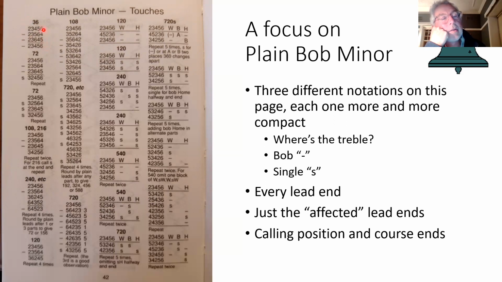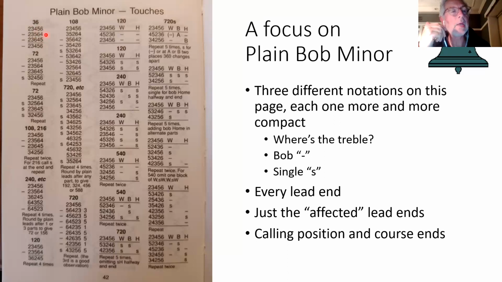So in this touch, it's just 3 bobs. That's easy, isn't it? And you'll see that because it's bob after bob after bob, the 2 runs in. So we don't need to know the other 11 changes. Plain bob minor, 11/12 of it is plain hunt. So you plain hunt for 11 changes, and then the 12th row of every lead is when all the fun happens.